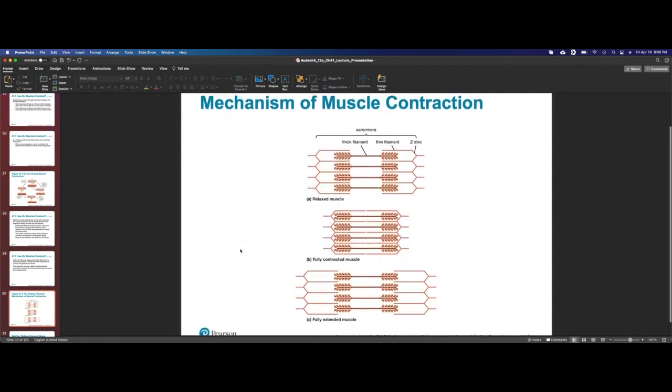And then you also have a fully extended muscle as well. So here we have a relaxed muscle up top, then a fully contracted muscle where the sarcomere functional unit is shortened, and in a fully extended muscle, you have the sarcomere maximally extended.